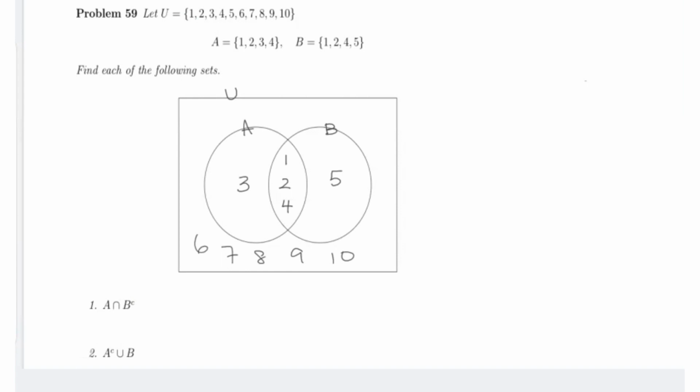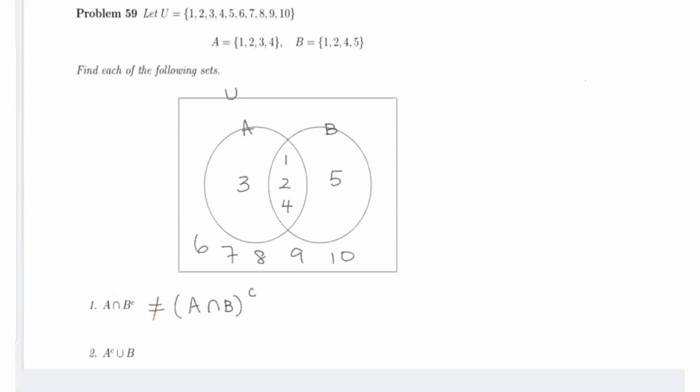Okay, now let's answer the following questions. I did not ask you to solve this, I just asked you to construct it. So now next, when you look at this, A intersect with the B complement. Don't confuse it with A intersect B in parentheses, complement. They are not the same thing, okay?